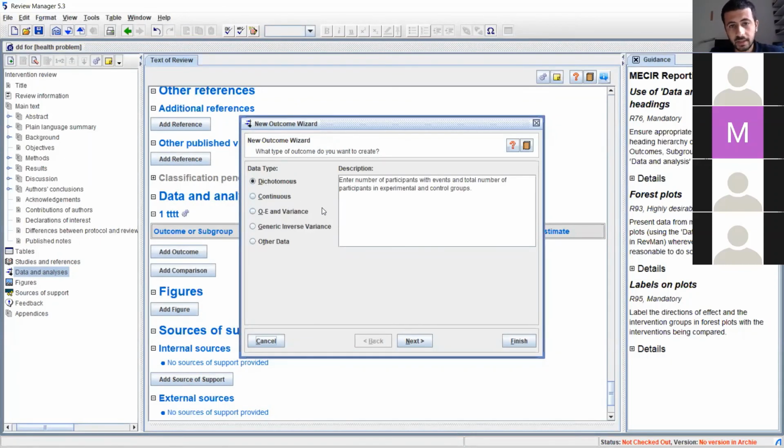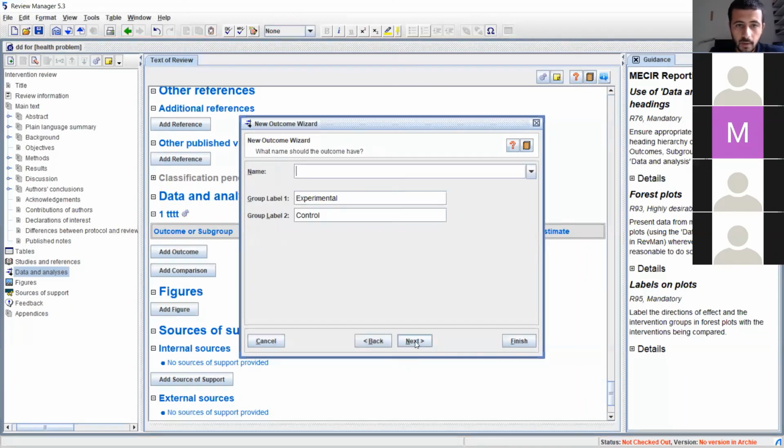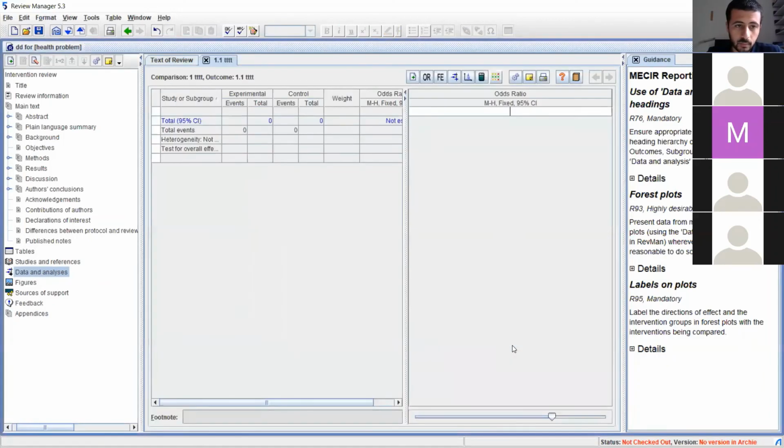We will just take dichotomous as an easier way to do it right now. Dichotomous. Do you know that table? 2 by 2 table. We have experimental and controls. We have total events.